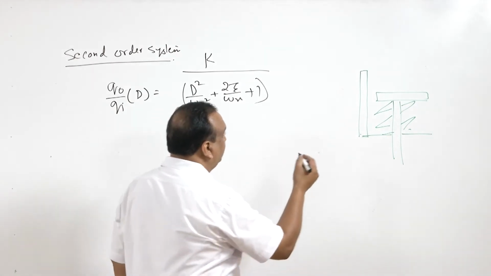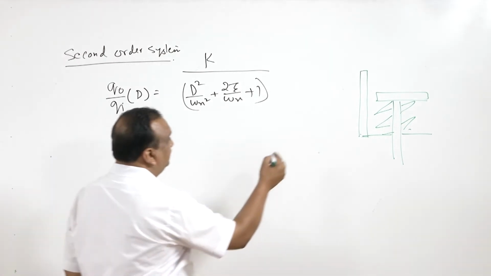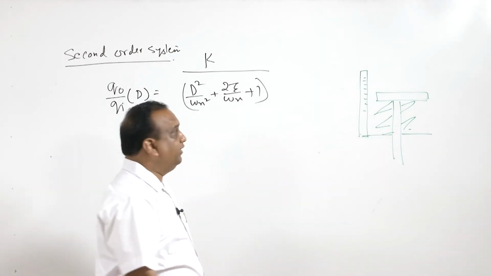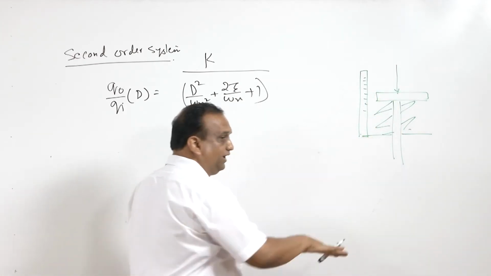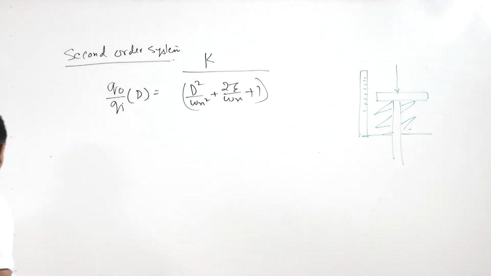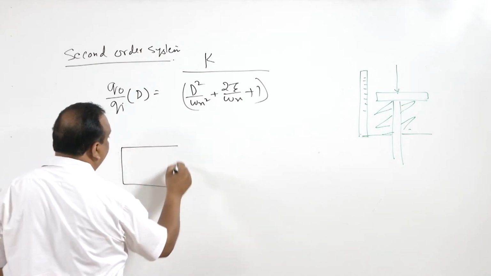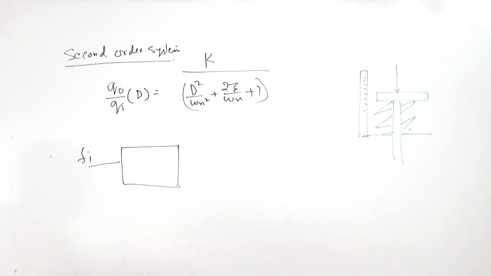So now this shaft has divisions, or this vertical scale has divisions. So when the force is applied, the spring gets compressed, right? And we get the output. So if it is a second order system, the input is Fi, the input force.